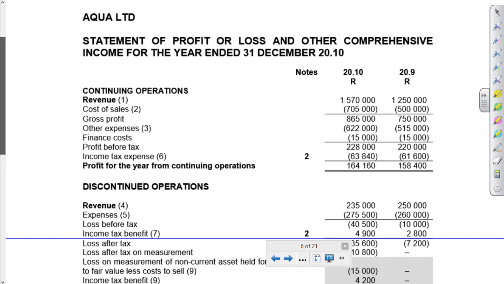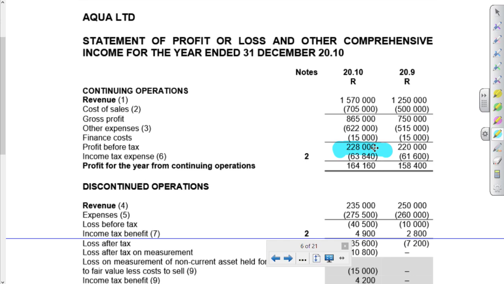Do you agree from FAC3701 that because of the way I account for tax, because of the way that I account for deferred tax, this number here times 28% should be my tax?